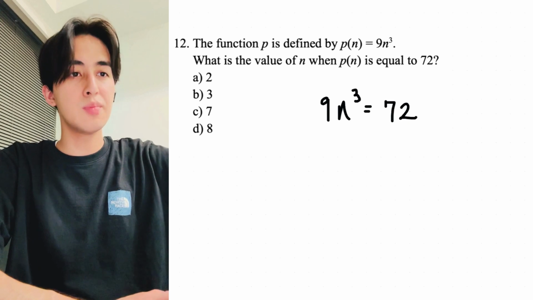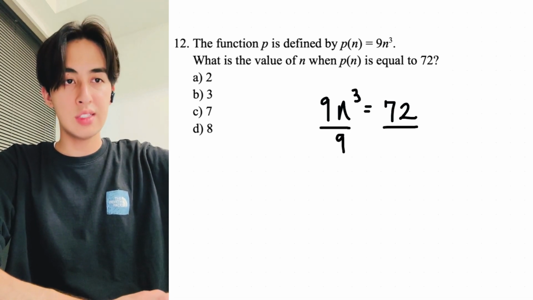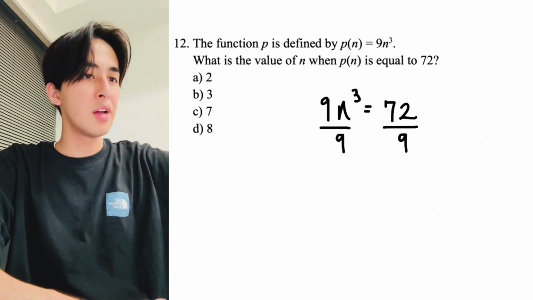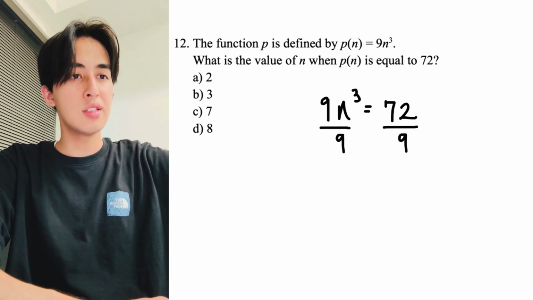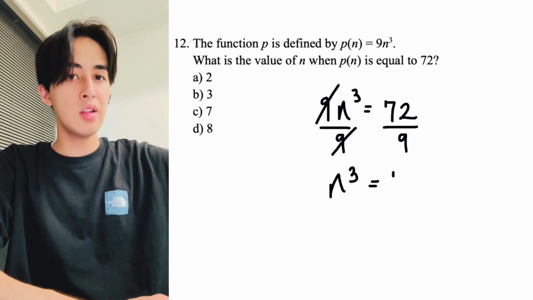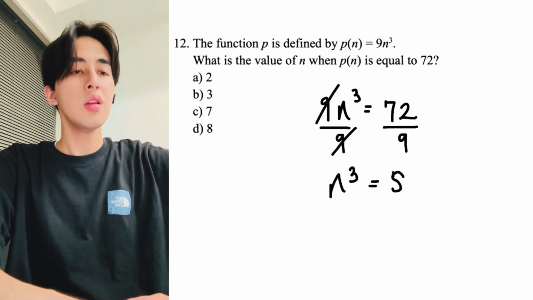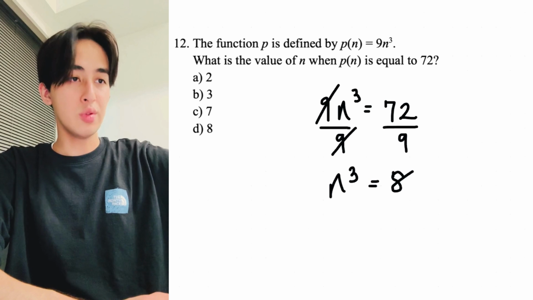We can do that by dividing by 9 on both sides. So by dividing by 9 on both sides, this is crossed out, leaving just n cubed equals 72 over 9, which is 8. So let's write down 8. So n cubed equals 8.